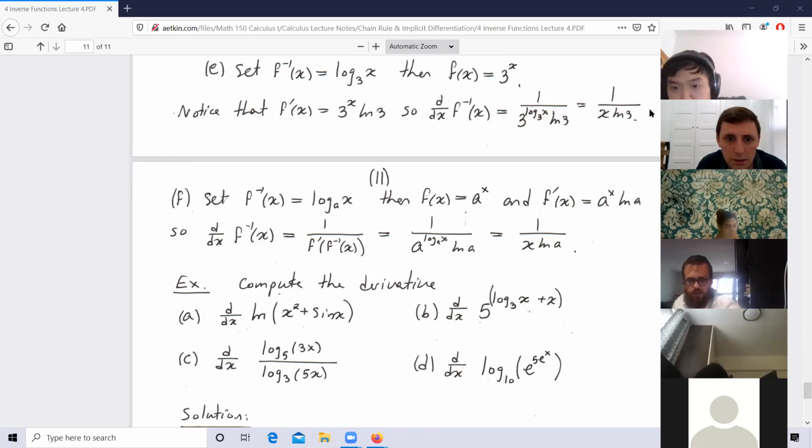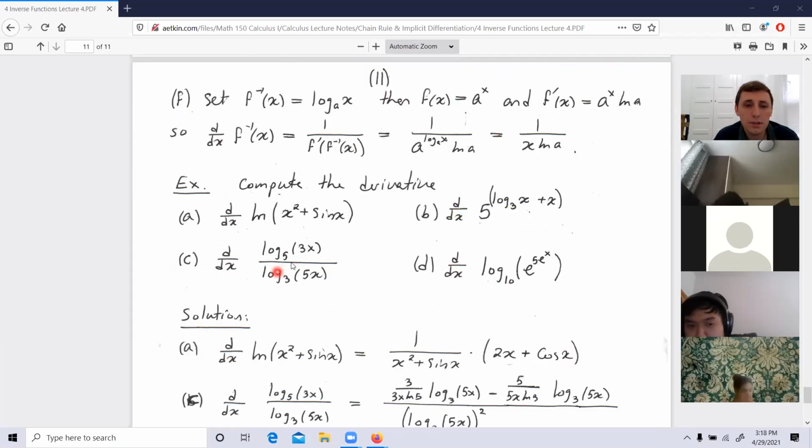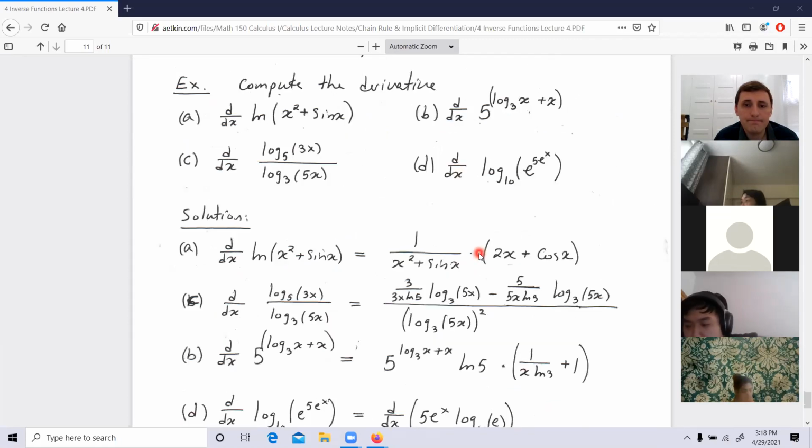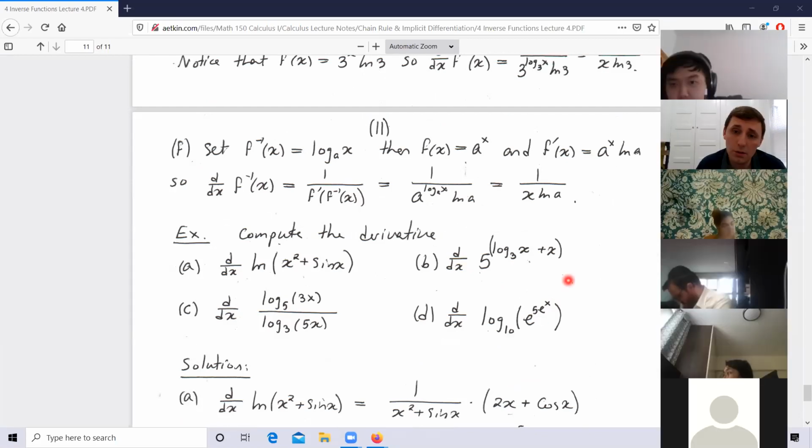Yes. Let's see. Guys, can you solve C? Can you solve D? And think about it, you can use some properties of the logarithms, right? You know something about logarithms, presumably.